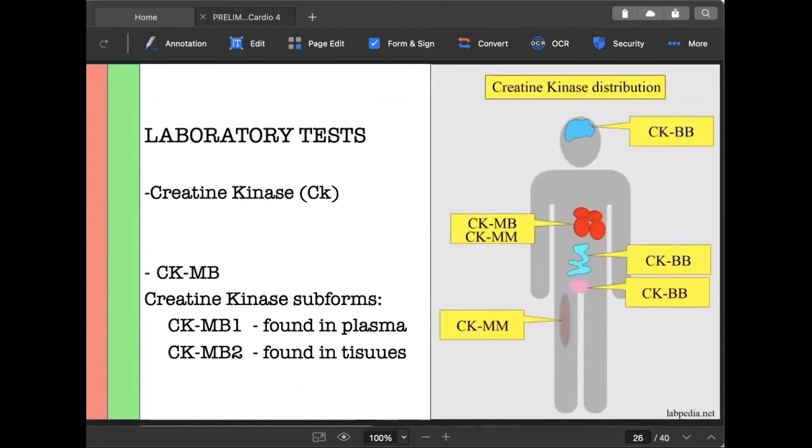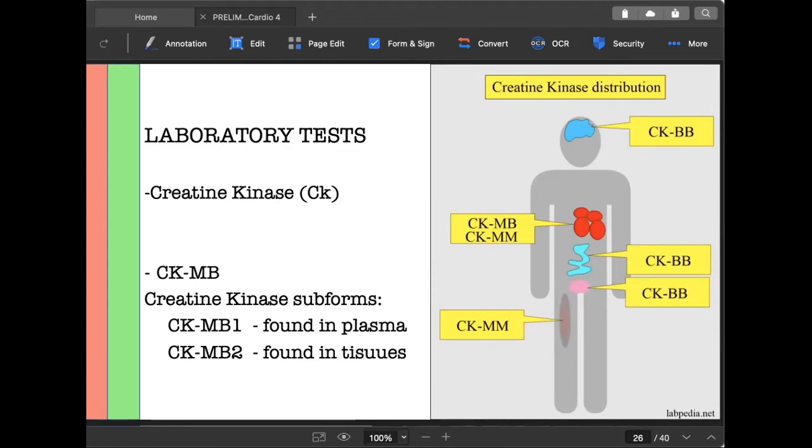Laboratory exam for a patient with MI is your CK and also your CKMB. So CK is actually all over our body. It is distributed, and of course we're going to concentrate on your CKMB that is found in the myocardial muscle. Your CK is an enzyme found in the heart and skeletal muscles, and is usually released into the blood when the heart muscle is being damaged. So whenever the patient experiences MI, these enzymes will go out.